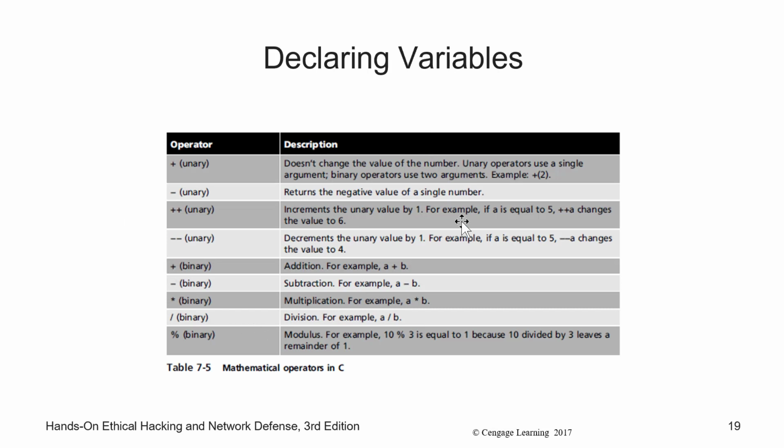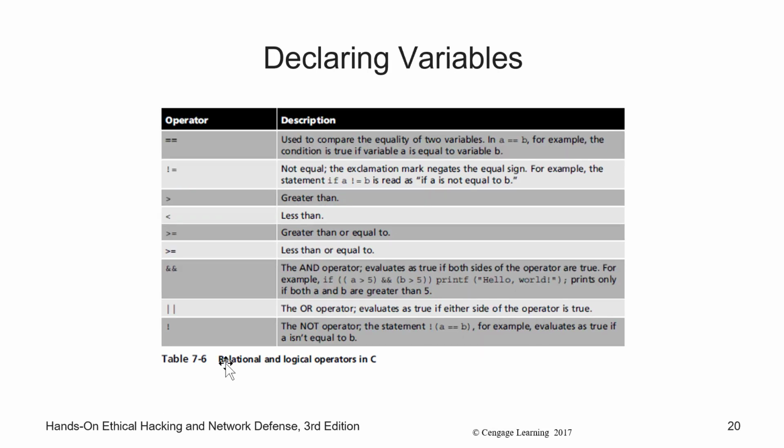Various operators, as I talked about. You have plus or minus. You have increment and decrement operators, plus plus and minus minus. All of these can be used in various expressions. Now, these are comparison operators. So you're comparing two things.